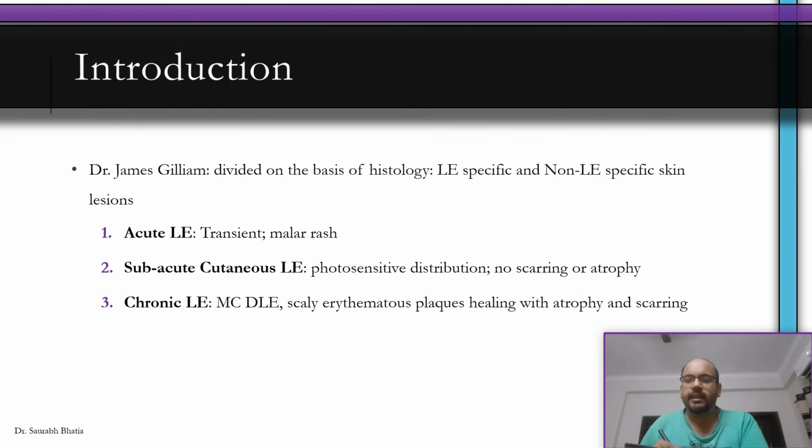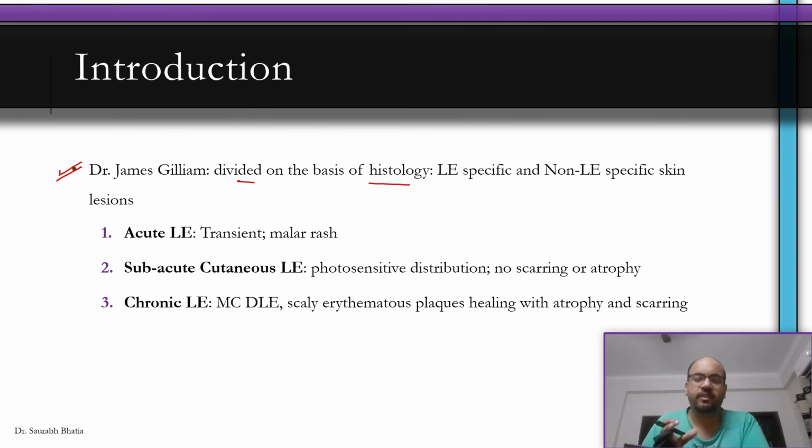Now, the classification between acute LE, subacute LE, and chronic cutaneous LE was given by Dr. Gilliam et al. There were many people involved. What Dr. Gilliam did was to divide LE on the basis of histology. On the basis of histology, two classes of lesions were divided.